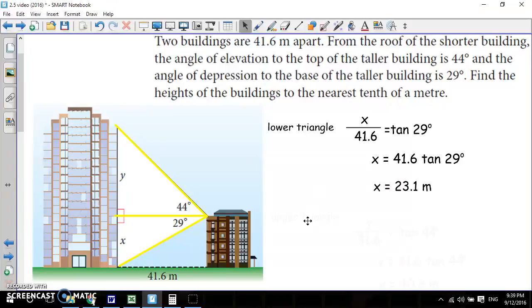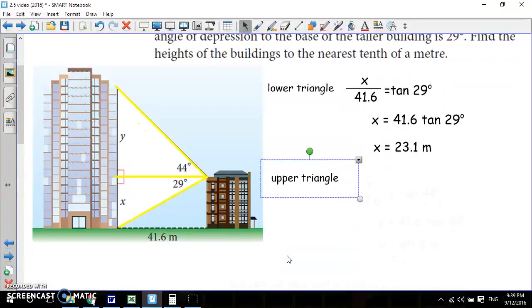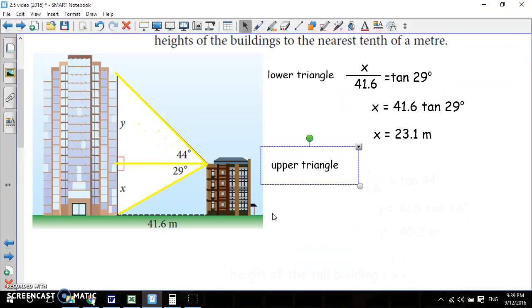Then we can move on to look at the upper triangle. In the upper triangle, here is the 44-degree angle. I know the adjacent side is 41.6 meters, and the opposite side is y.